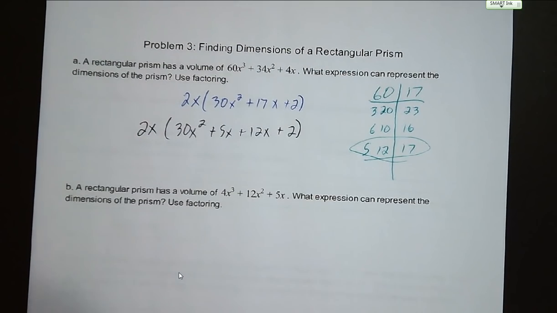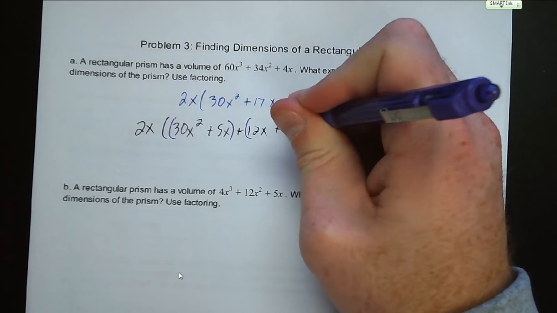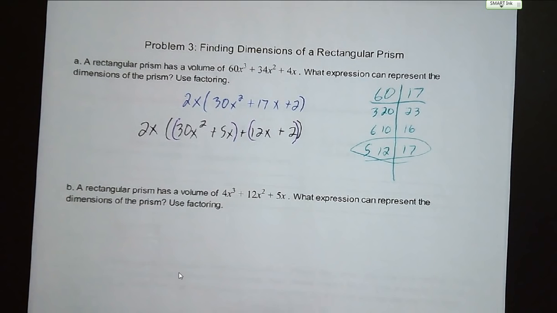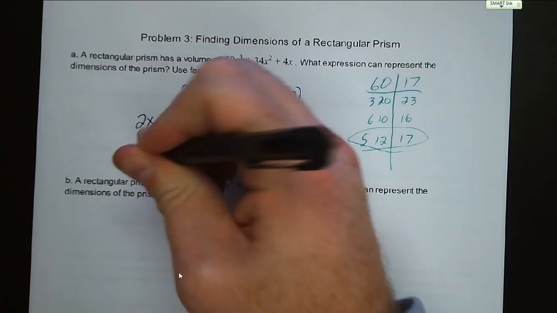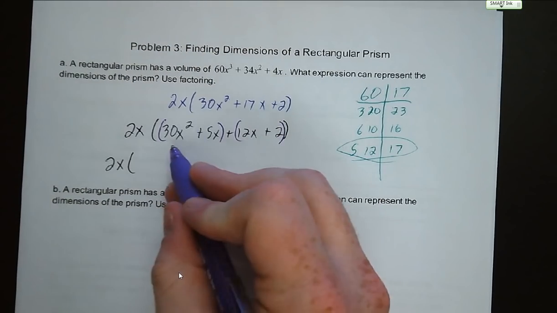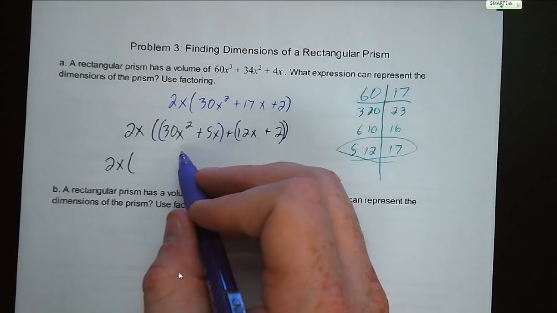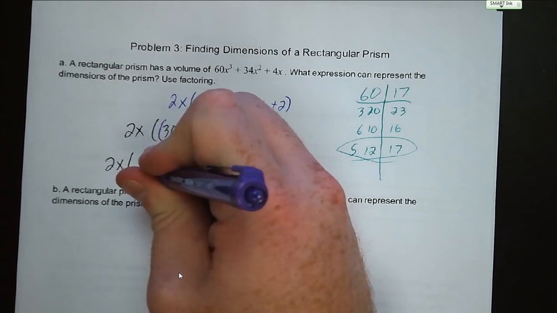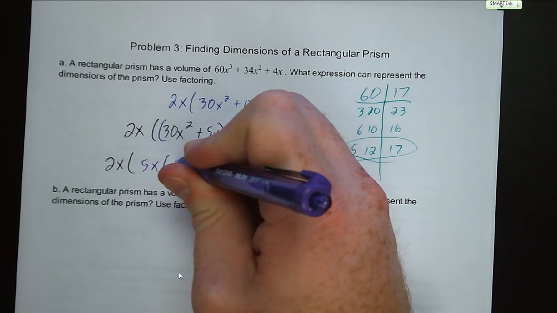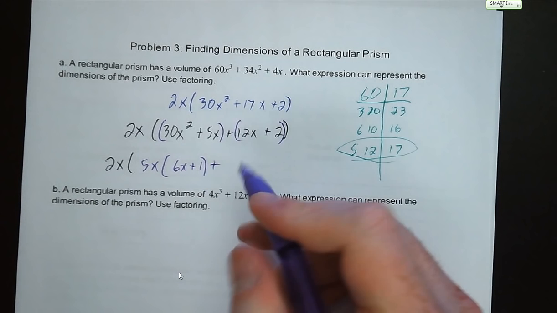Okay. So now we can go through and do our factoring by grouping because we have enough terms for it. So we put our parentheses in. That 2x is still hanging out in the front there. Now 30x squared and 5x, common factors there, well, they're both divisible by 5, and they both have an x in it. So we have a 5x. What I'm left with is 6x plus 1 plus 12x and 2.